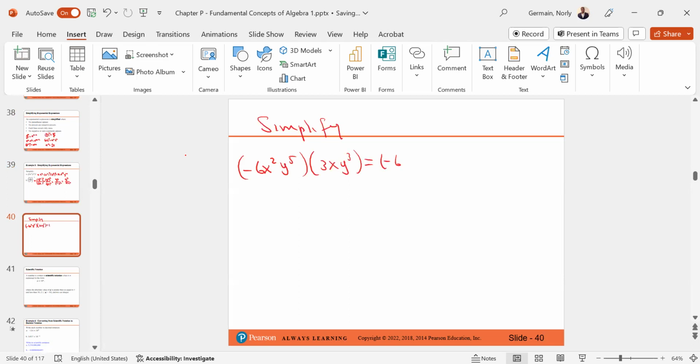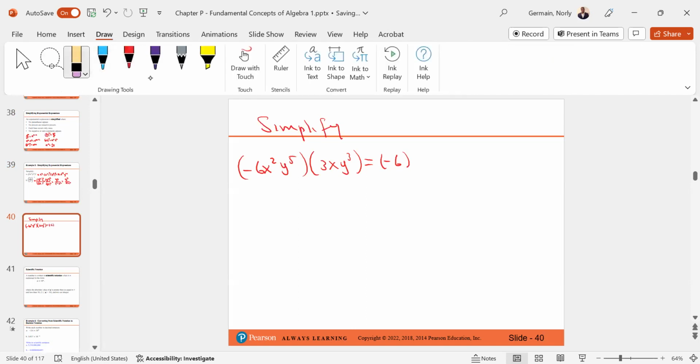We're going to have negative 6 times 3, those are the like terms, and x squared times x, and y to the power 5 times y to the power 3. With that, negative 18.